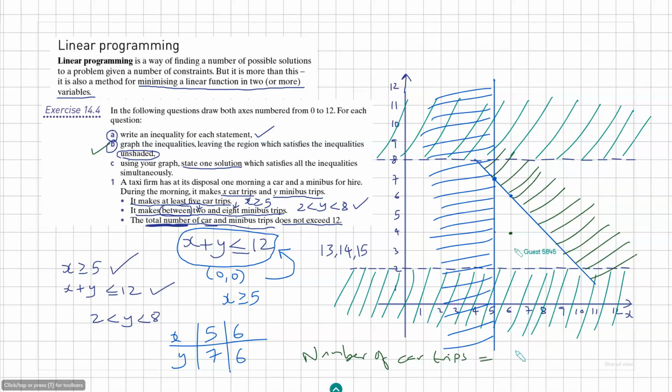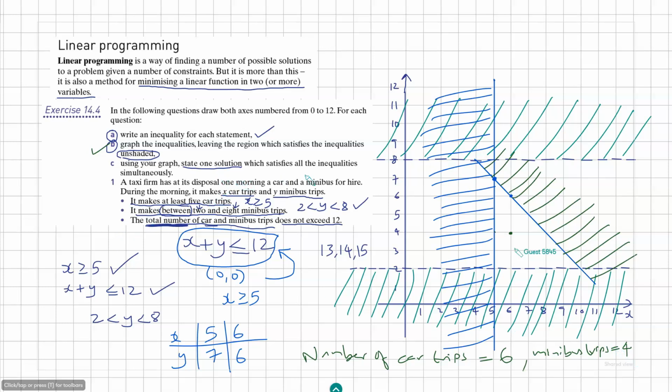Car trips is 6, and when the car trips is 6, minibus trips is 4. Okay, that is one solution, right?